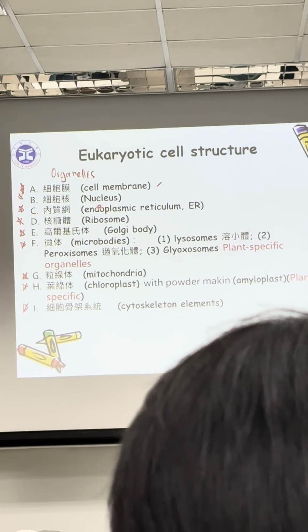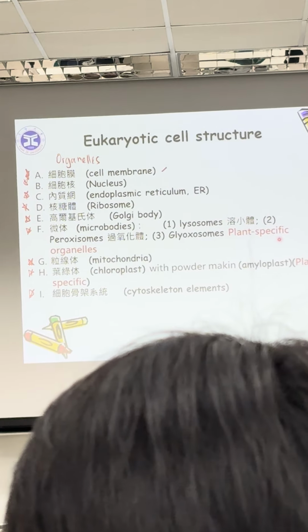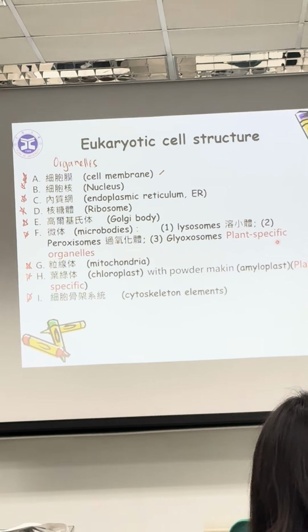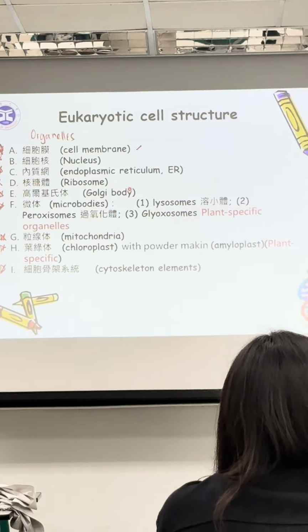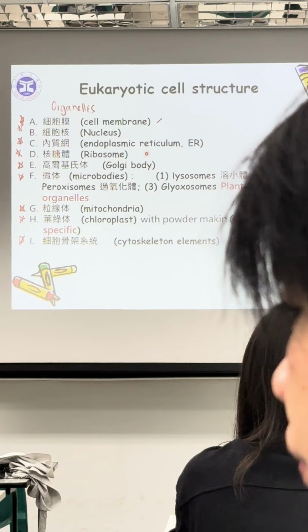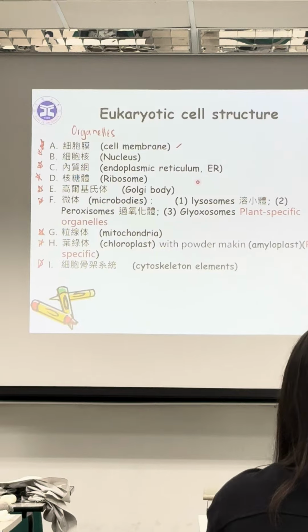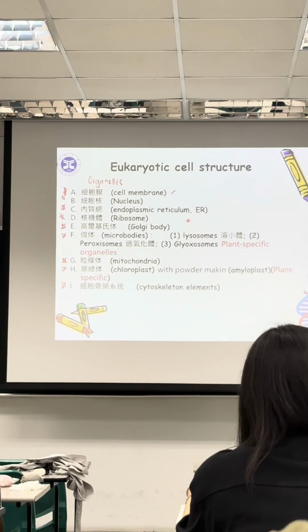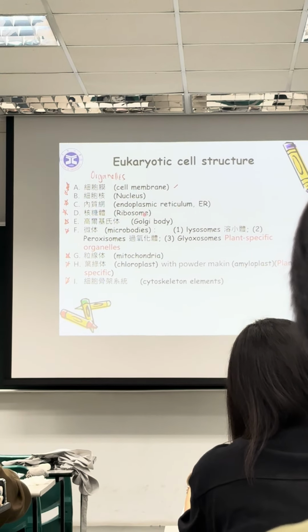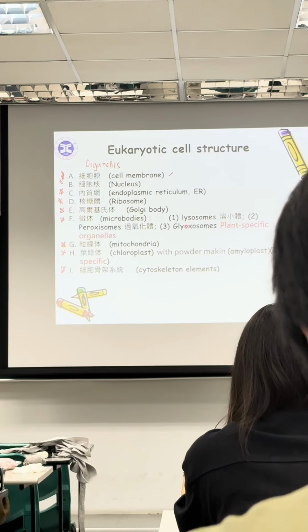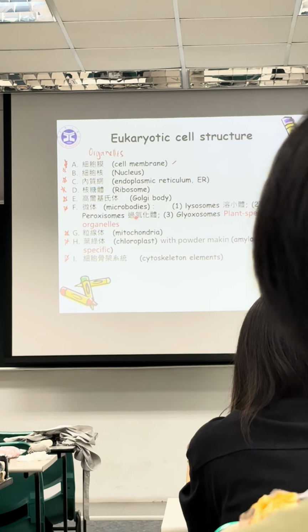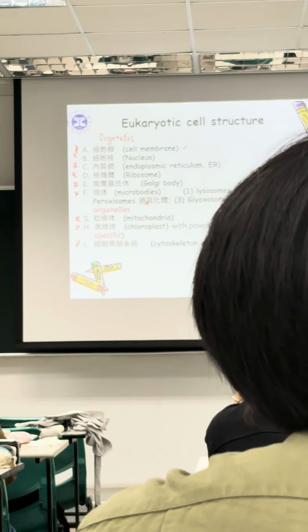In the organelles we have cell wall, cell membrane. We have also different kinds of organelles such as endoplasmic reticulum, rough endoplasmic, smooth endoplasmic, ribosomes, Golgi apparatus or Golgi bodies, and these are microbodies. Mitochondria, chloroplasts.